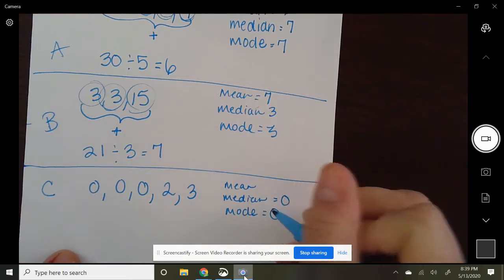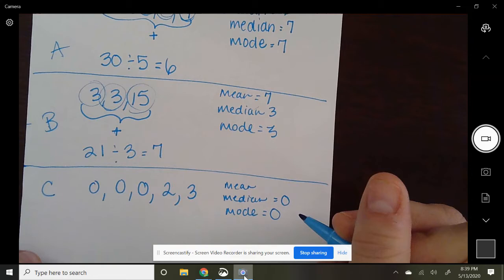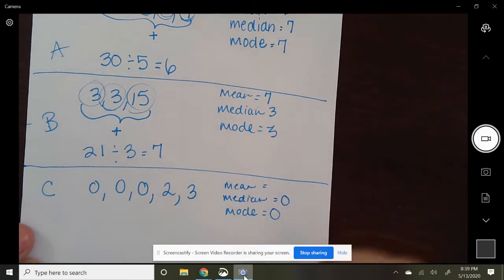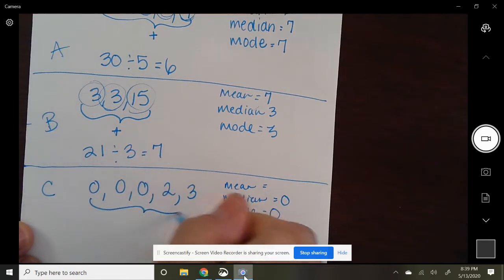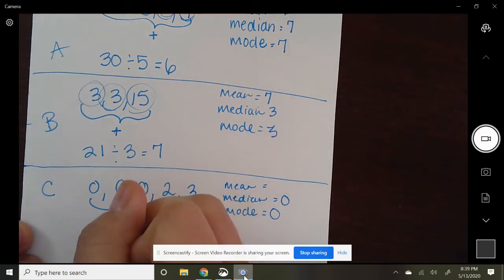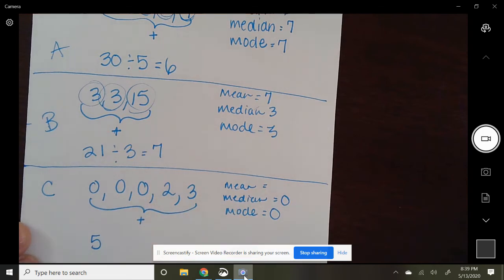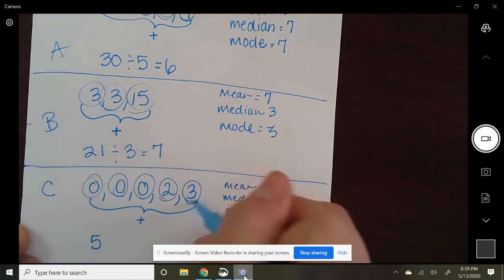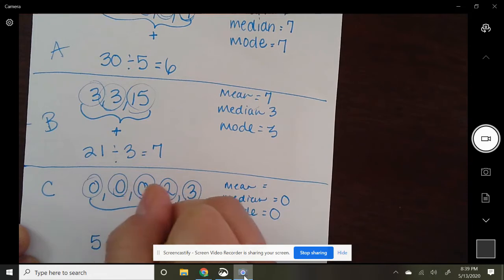Middle value. Okay, this one is going to be not too hard. I'm not going to be too mean on you for this one. I need to add those up. 0 plus 0 plus 0 is 0. 2 plus 3 is 5. So I get 5. And then I need to divide by the number of numbers in my data set. 1, 2, 3, 4, 5. 5 divided by 5 is a 1.